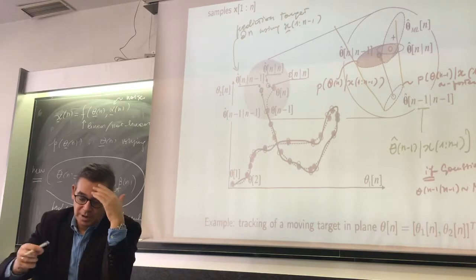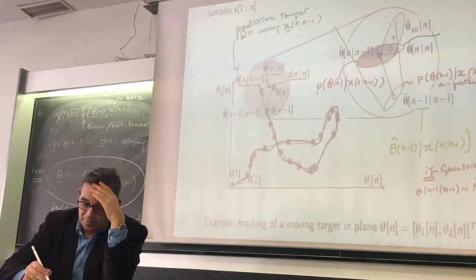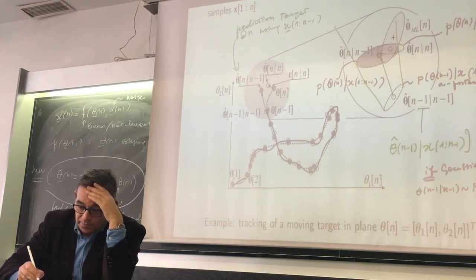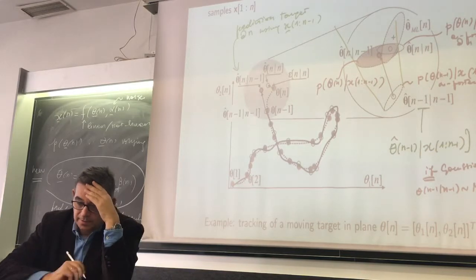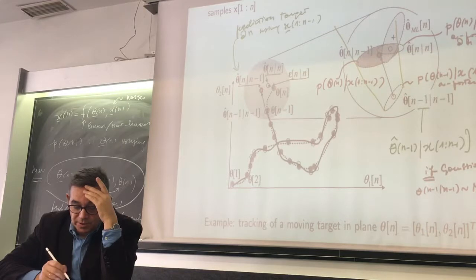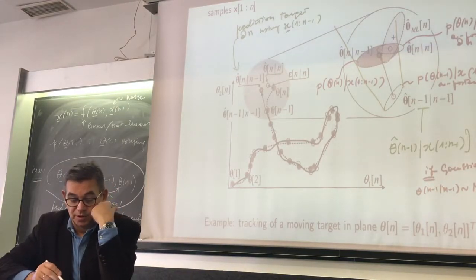In other words, if I use the data now, what I expect is that the a posteriori, because this one is the probability density function of theta n using all the data from 1 to n. But once again, this one is the posteriori at the time n. So the prediction is the best approximation of the a priori probability density function.